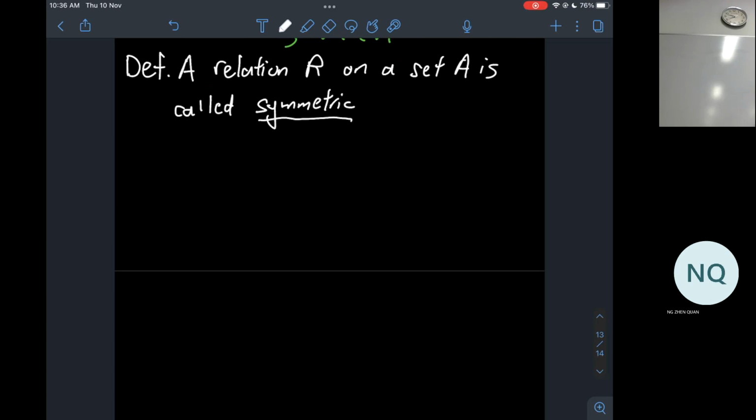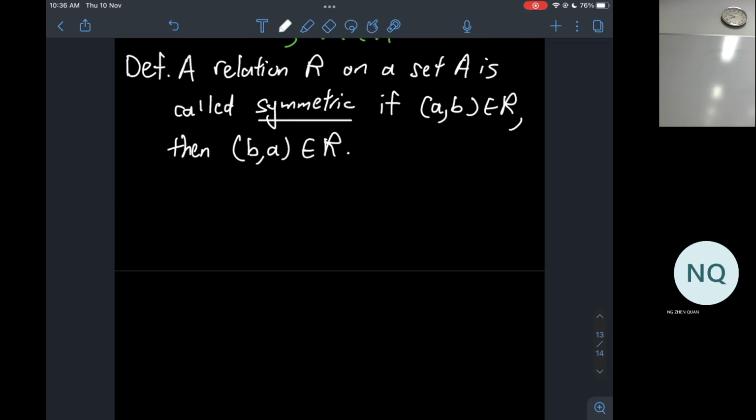It is if (a, b) is in R, then we require (b, a) to be in R as well, for every a, b in A.